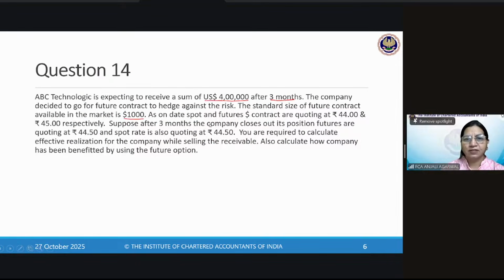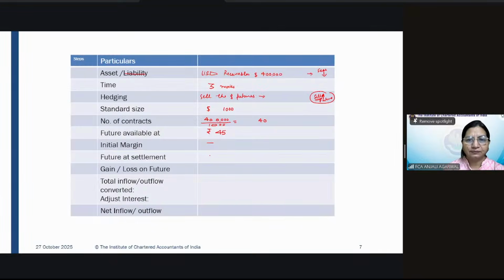Then we have to see, when the company is closing the position after 3 months, what the future is quoted at. Now the future is quoted at 44.50.